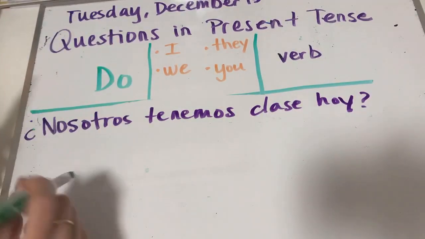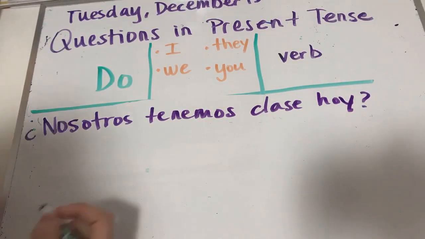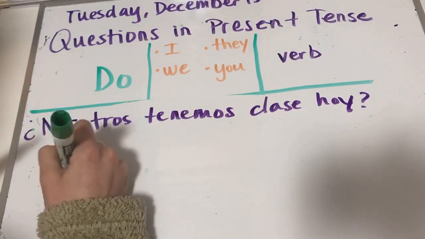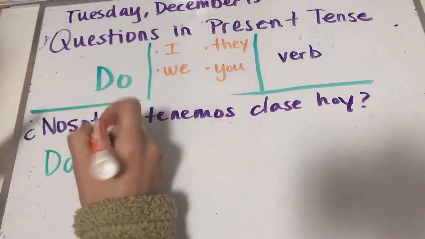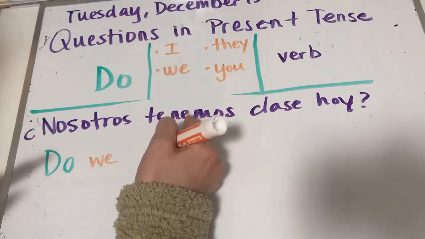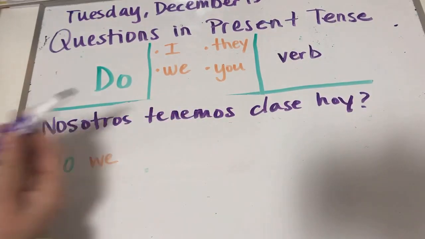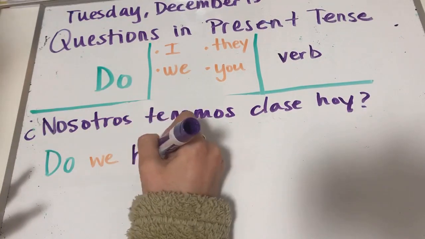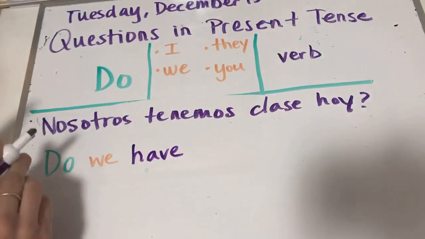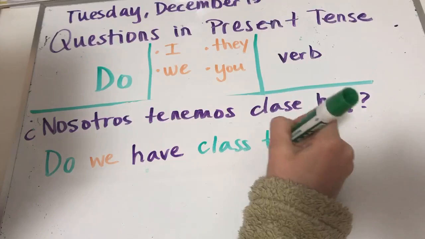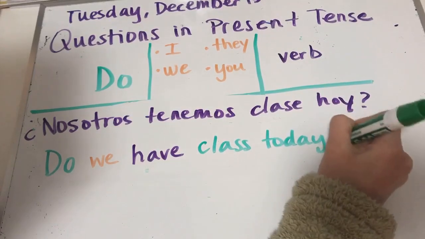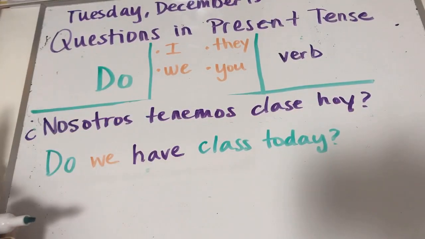So we begin with the word do. And then we need to use our subject, we. And then we use have, el verbo tener, have. Do we have class today?